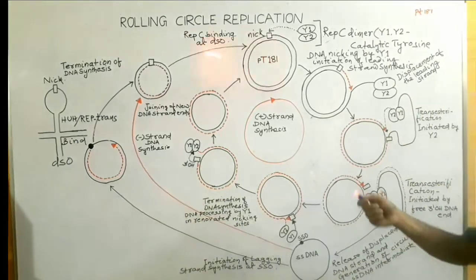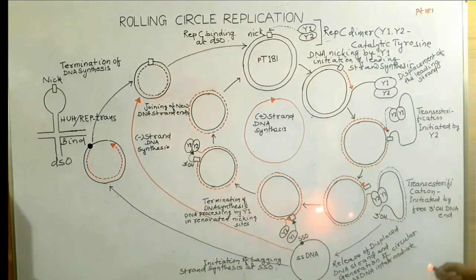Friends, this model is based on the study of rolling circle replication in the plasmid pT181. During the rolling circle replication of this plasmid, two different replication origins are required. One is the double-stranded origin.